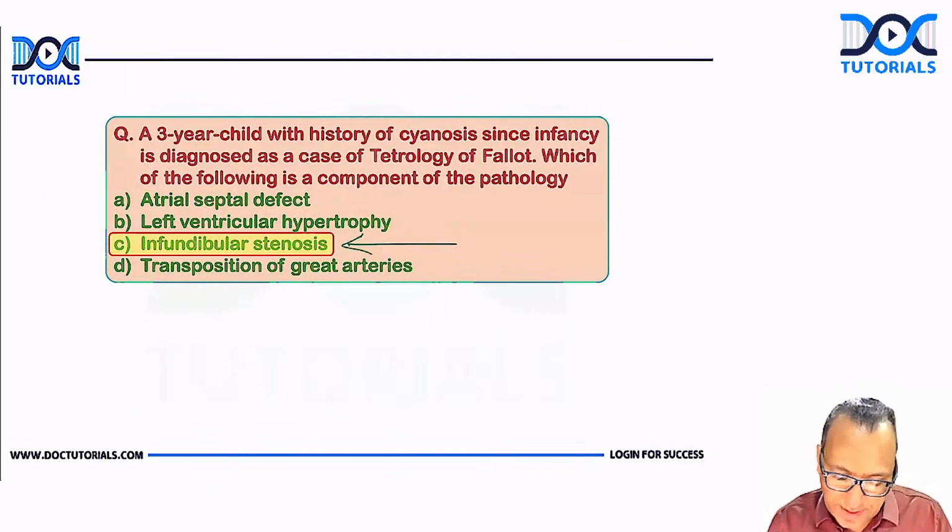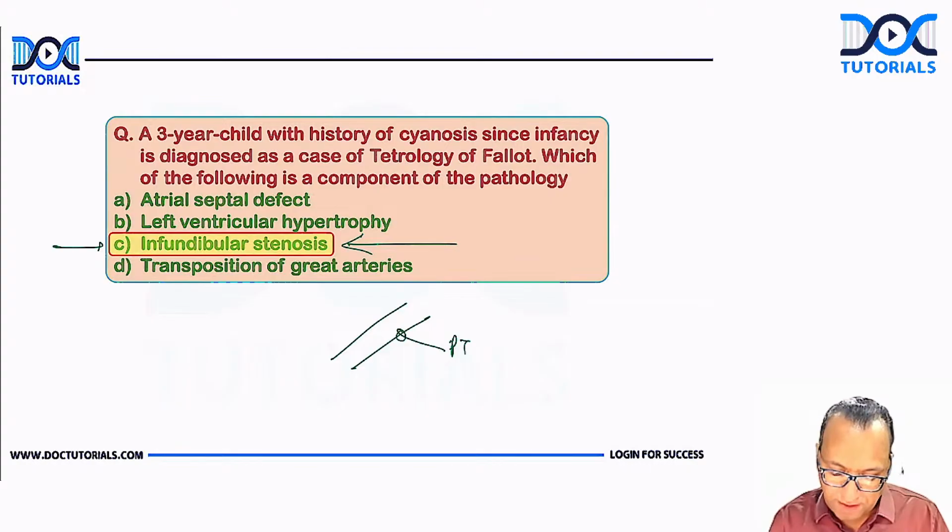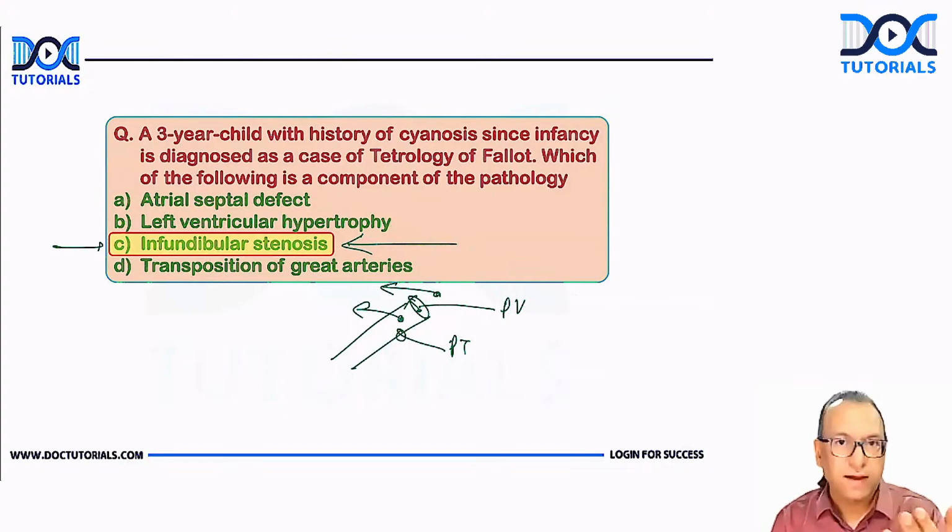Now, why are you telling infundibular stenosis? What is this infundibular stenosis? You know, this is the pulmonary trunk you are talking about. The pulmonary trunk will have a valve, that is the pulmonary valve. It could be subvalvular narrowing. It could be valvular narrowing. It could be even beyond the valve.